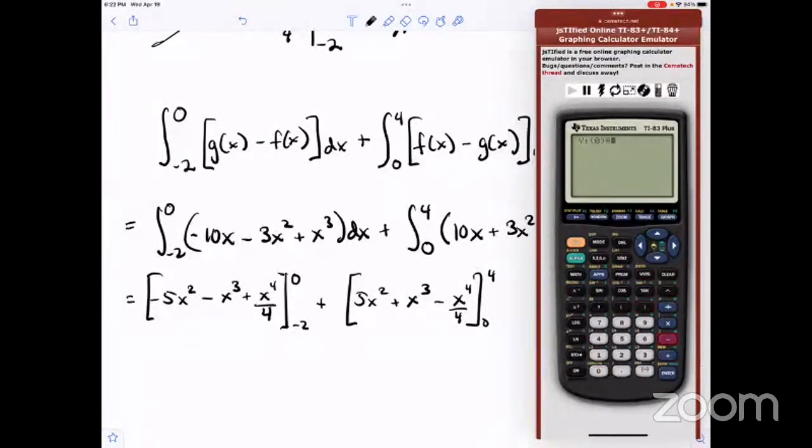Then we're going to say plus, now I want to call on the second function when x is 4. I think we're okay. We don't need to distribute any negatives. So minus the second function when x is 0. I feel like those are all the components that we need.